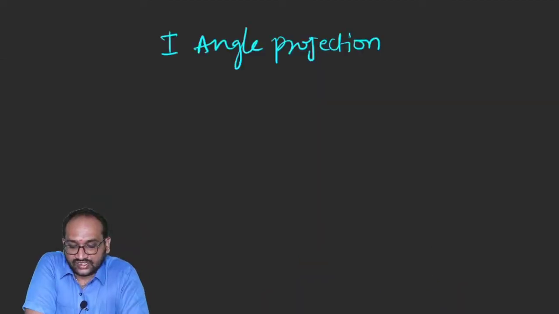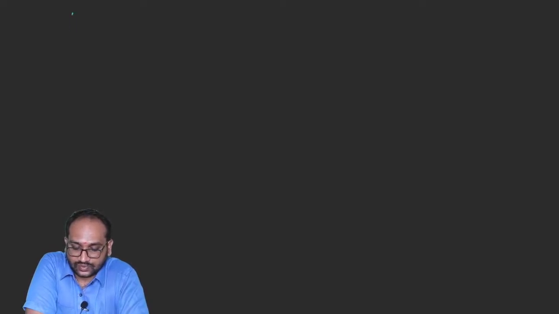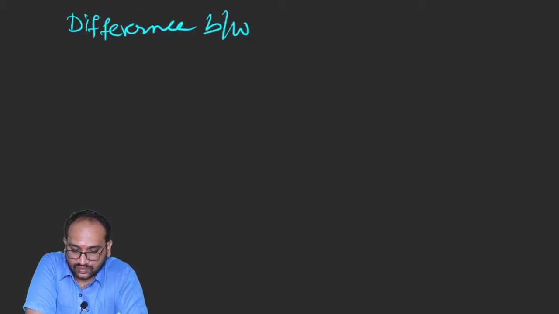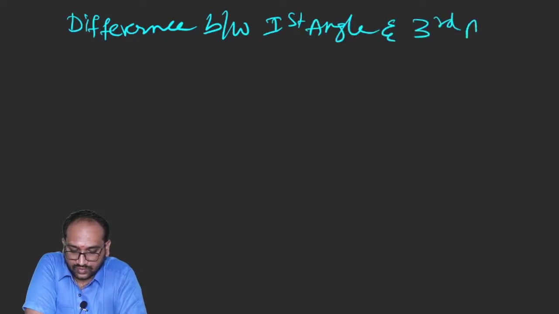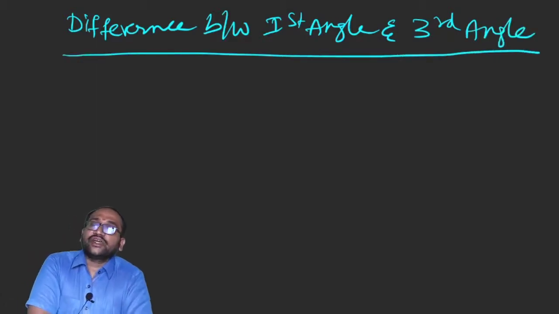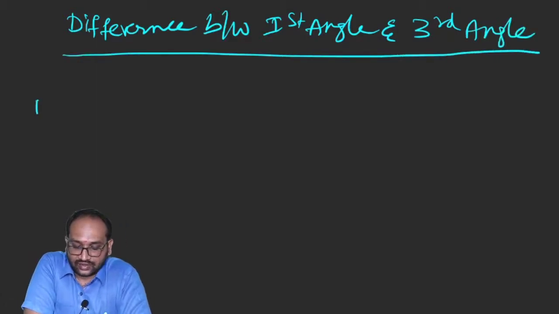Now we will see the difference between first angle projection and third angle projection. We will draw one table.